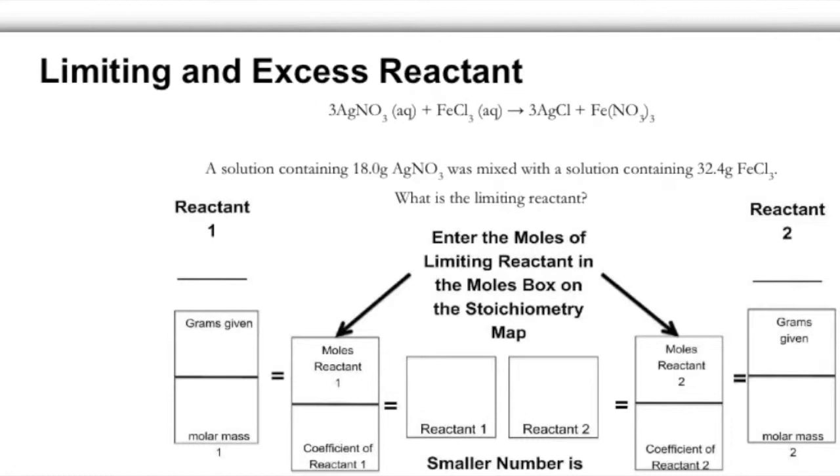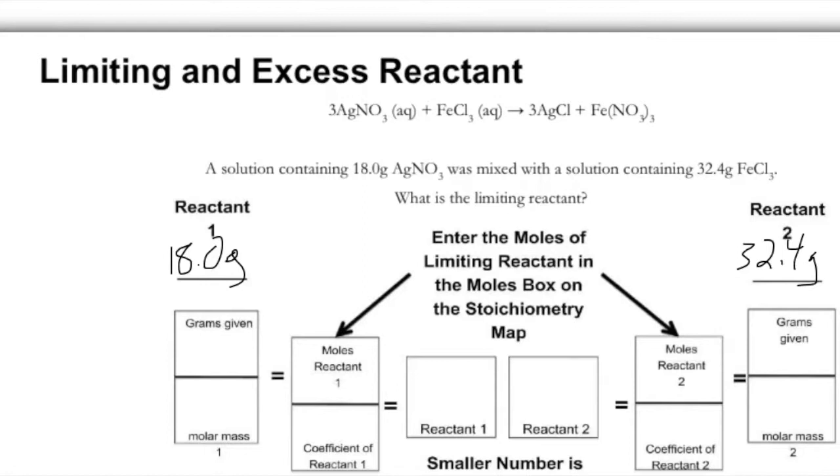So we're going to start with silver nitrate over here, 18 grams, and iron 3 chloride, 32.4 grams over here. And again, it doesn't matter which one you do on which side, just that's the order they were in. So that's the way I did it.